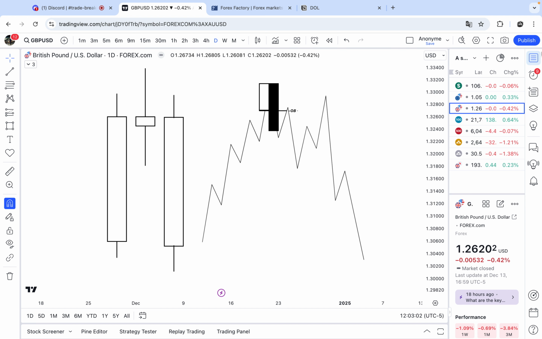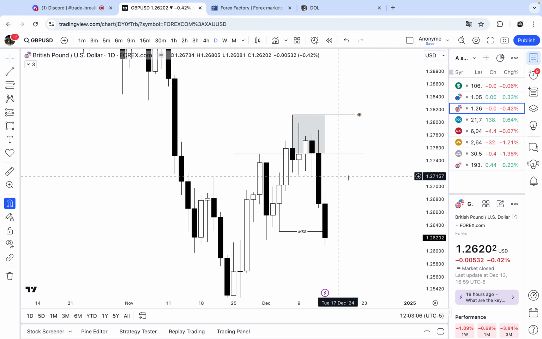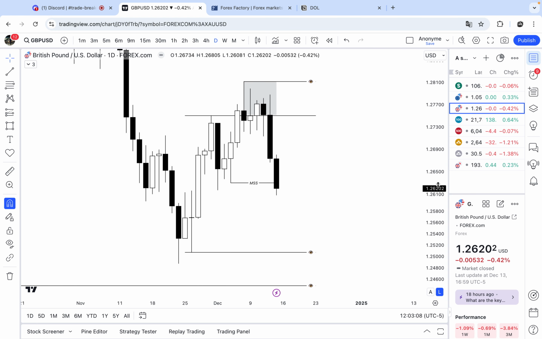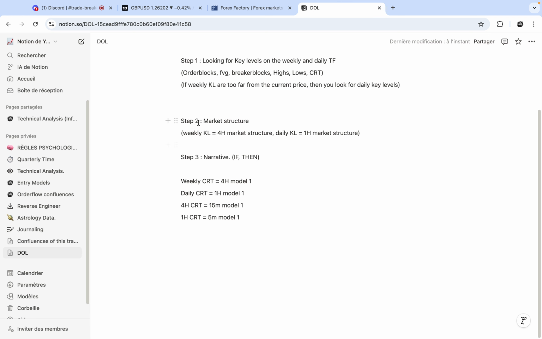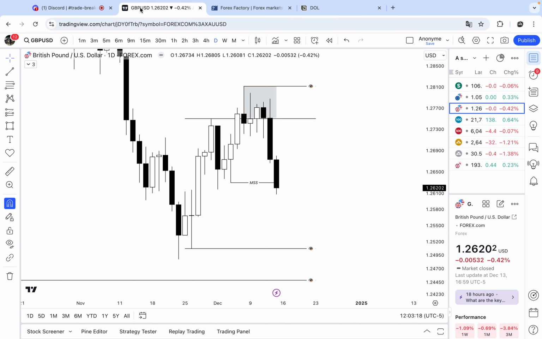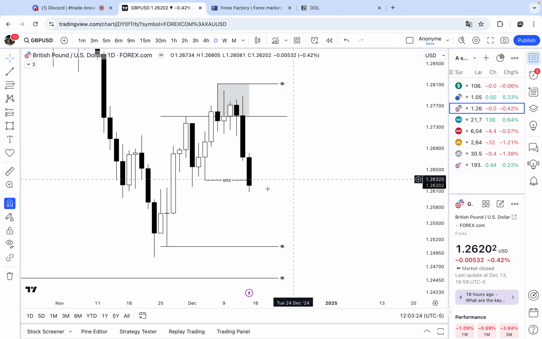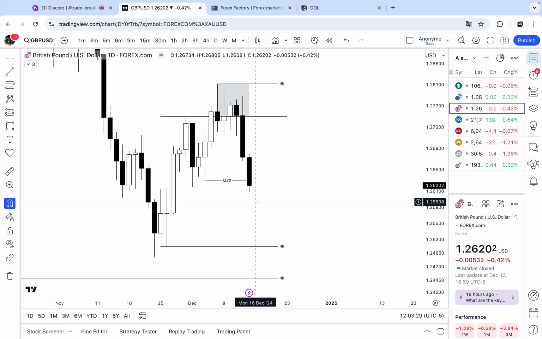So I'm going to do other examples for you guys. I was not finished with this one, I think, right? So now I did this, and step three is narrative. If, for example, we are bearish, and I see a three candle model here at this fair value gap, I will enter.